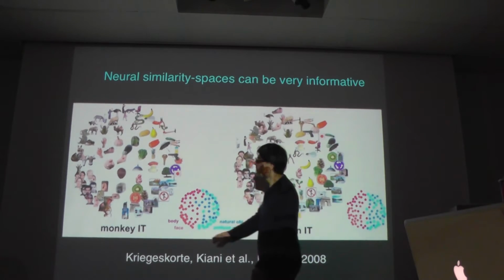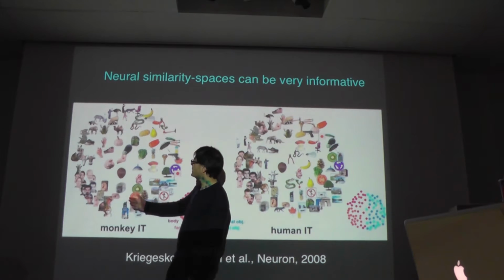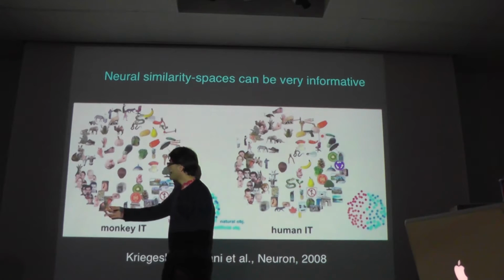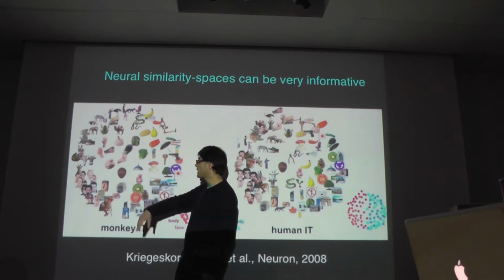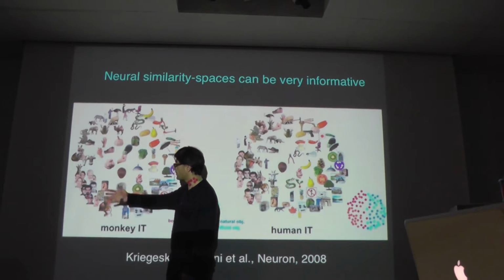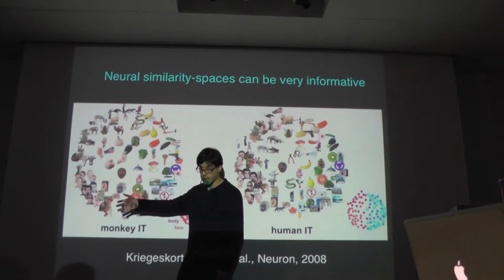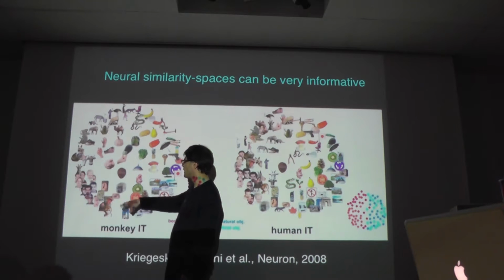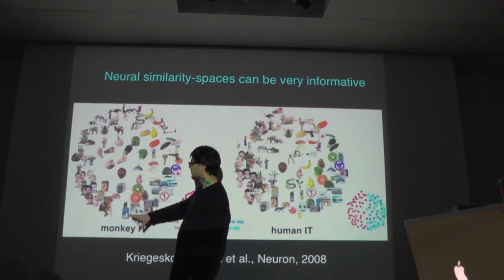And if you look at, say, the monkey IT here, at least if you're near the front, you can see, and I'm going to put this slide up on Piazza so you can look at the actual original paper. Oh no, the original paper is not up on Piazza right now, but you can find it on Google Scholar or something.